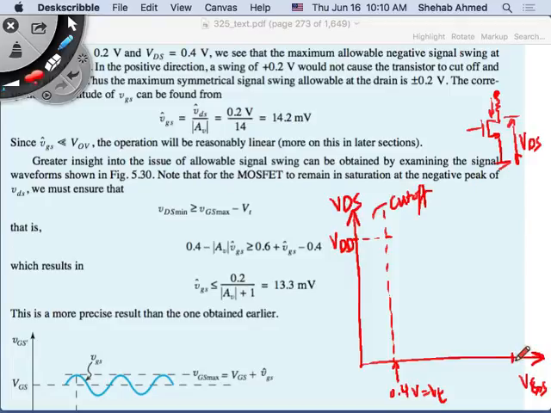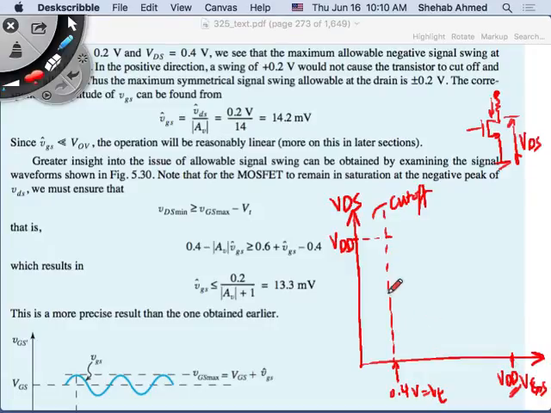The maximum value of VGS is VDD as well, right? My supply voltage is this. I will not be able to put a signal higher than my supply voltage, otherwise it's useless. So this is VDD as well, my maximum value of VGS.